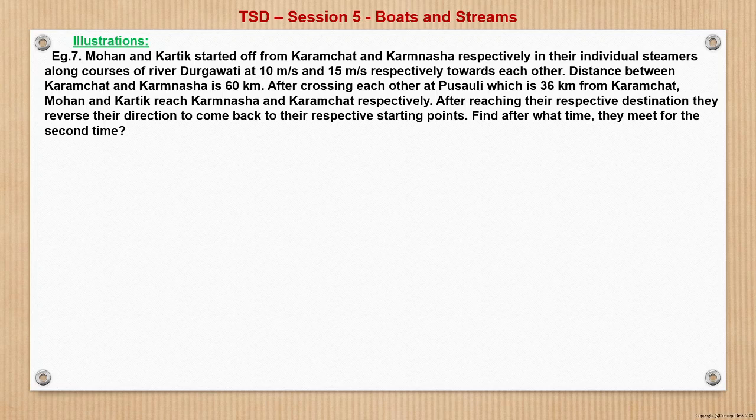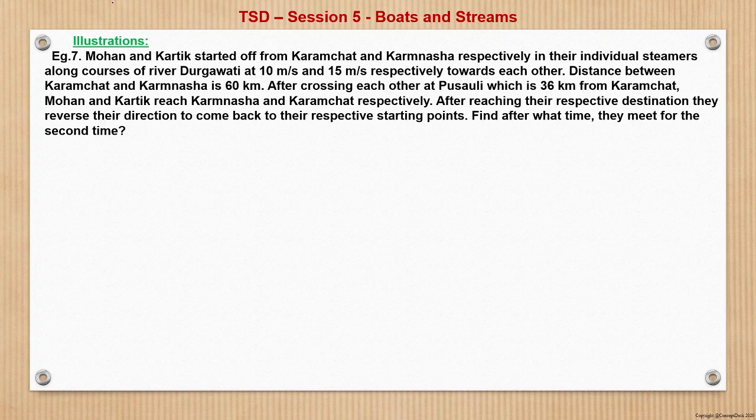After crossing each other at Pusali, which is 36 km from Karamchat, Mohan and Karthik reach Karmanasha and Karamchat respectively. After reaching their respective destination, they reverse their direction to come back to their respective starting points. Find after what time they meet for the second time.